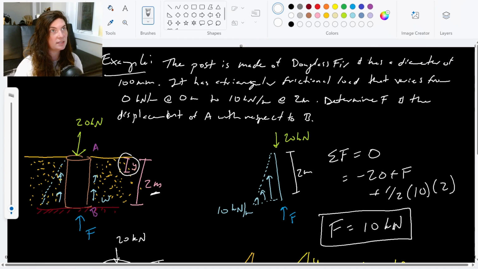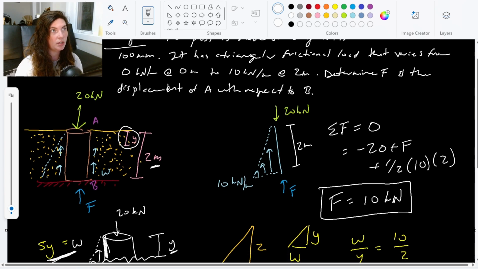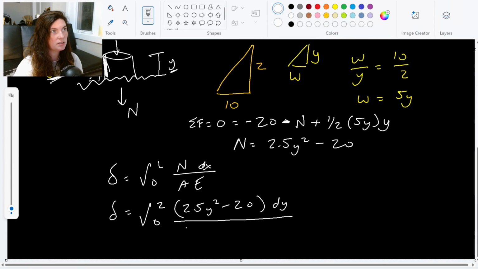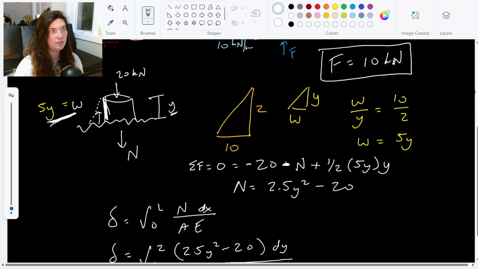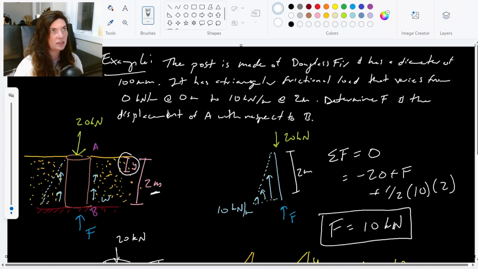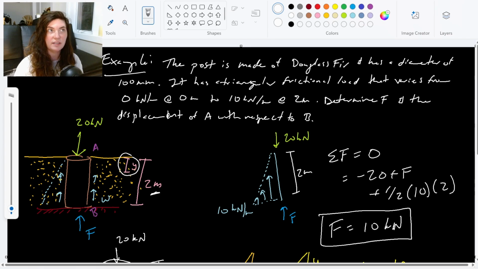It told us it has a diameter of 100 millimeters, so I'm going to put that in meters: 0.1, and then that's the diameter, so 0.1 squared times pi over 4. That's my area function. And then finally, the modulus of elasticity, which wasn't given to me, but I was told this is a Douglas fir.